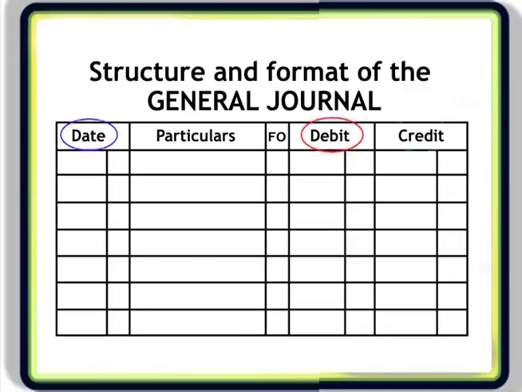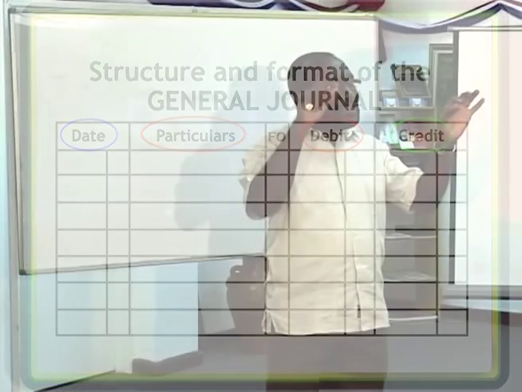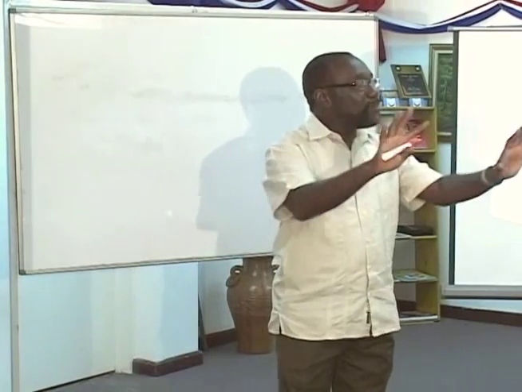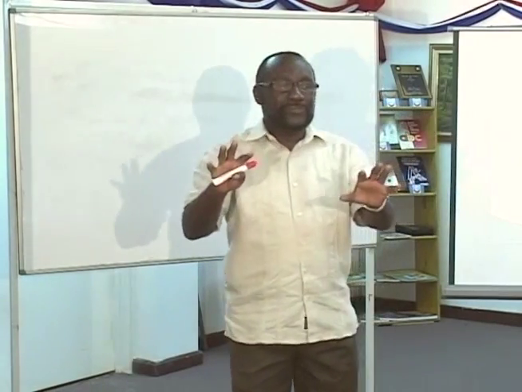Thirdly, the item to be credited. And in addition to those 3, it has something which we call the explanation. In accounting jargon, they call it the narration, which is just a note to explain what you have recorded or what you have done.